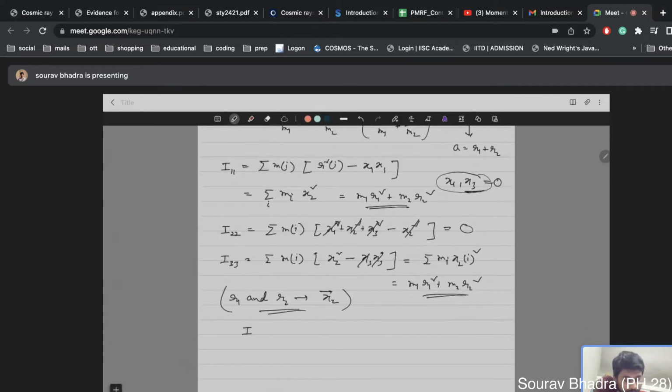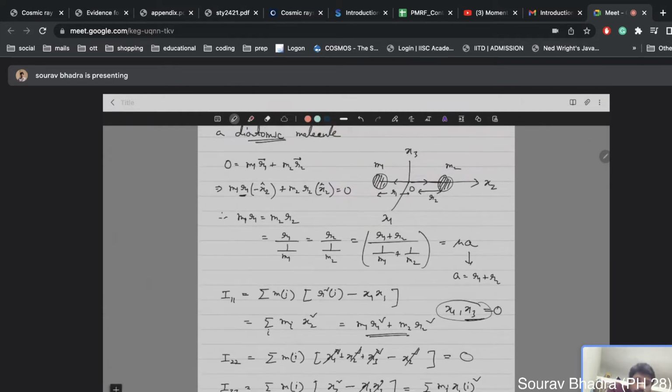So from here you can see I11 equals I33 is m1 r1 square plus m2 r2 square, but your I22 is equal to 0, for this particular system. So a diatomic molecule which we have considered along the x2 direction is only a linear type of molecule, so there is no x1 and x3 coordinate in this particular system.